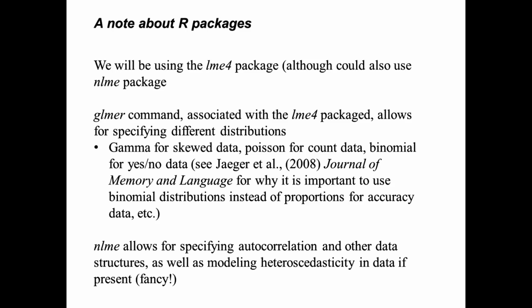So that's a really good thing that it does. And it can also allow you to model heteroscedasticity if you have it in your data, which is much more difficult, if not impossible, with the LME4 package. I haven't found a way to do it. So I just wanted to put that note up there in case people are more interested in working with autocorrelation and heteroscedasticity in particular.